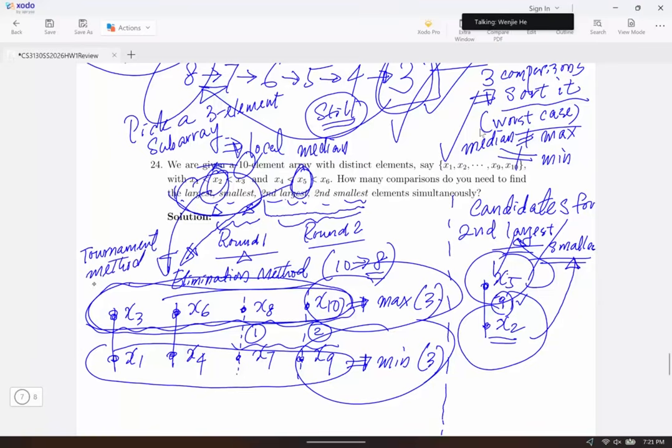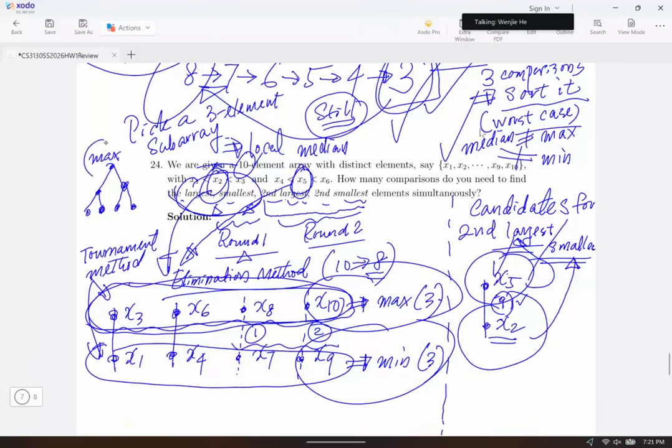When you run the tournament method like this, that's the max.